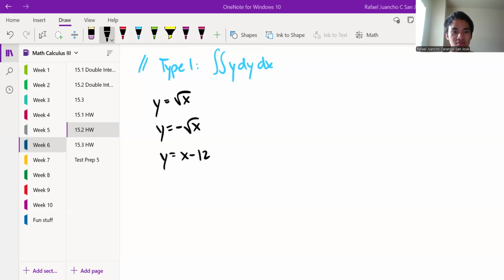Okay, let me try something here, because I have to set it up. So first thing is we find the intersection points, and then we find dy dx, right? Oh, there we go.